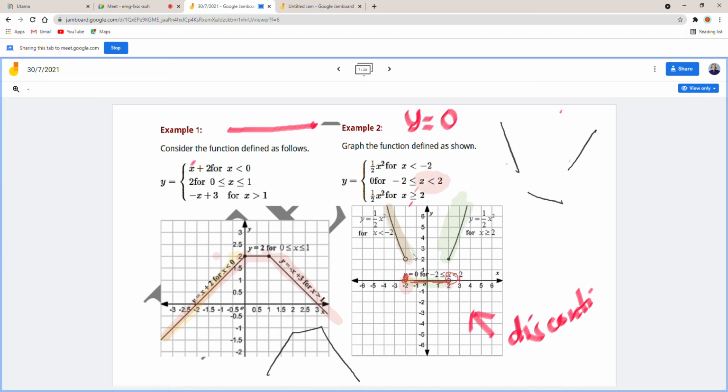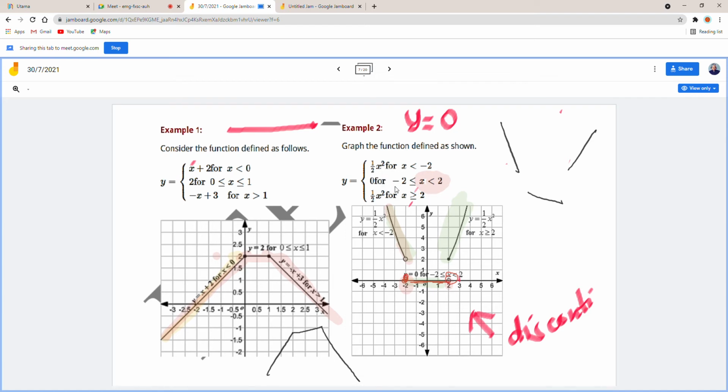You all get it? Half the smile. And then they already gave the condition, it has to be less than -2. So when you draw, you have to start from -2 and draw like this. Get it? And this one is 0.